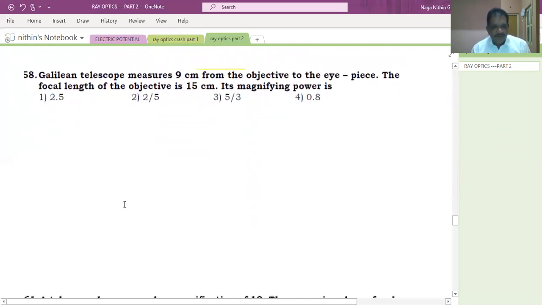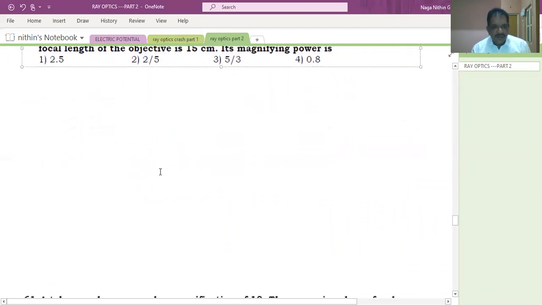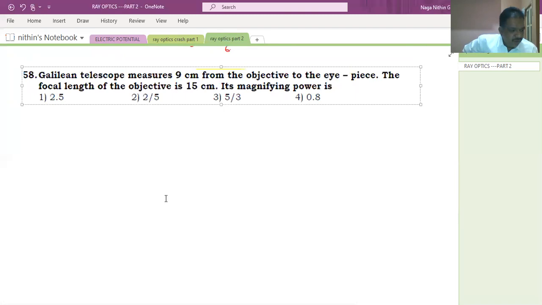Next, 58. A Galilean telescope measures 9 centimeter from the objective to the eyepiece. The focal length of the objective is 15 centimeter. What is its magnifying power?